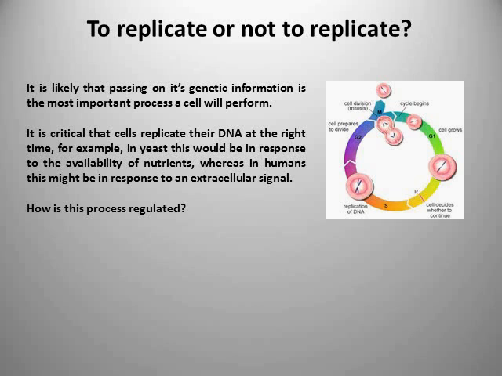For example, in simple eukaryotes such as yeast, which is the simplest eukaryotic cell really, the decision whether or not to divide, whether or not a cell wishes to replicate its DNA and then undergo a full round of cell division is primarily controlled by the availability of nutrients. So it's a very straightforward situation.